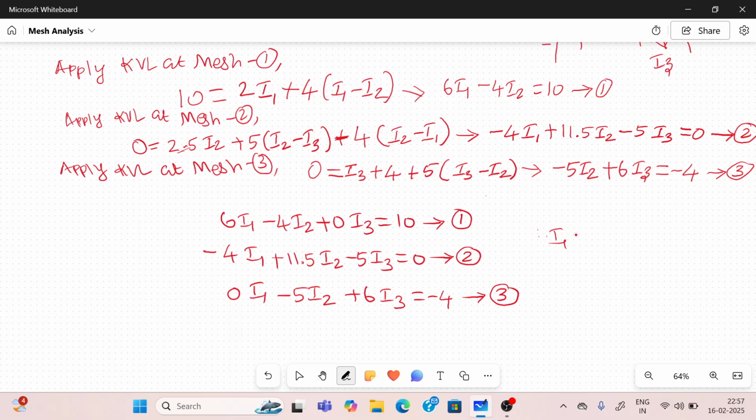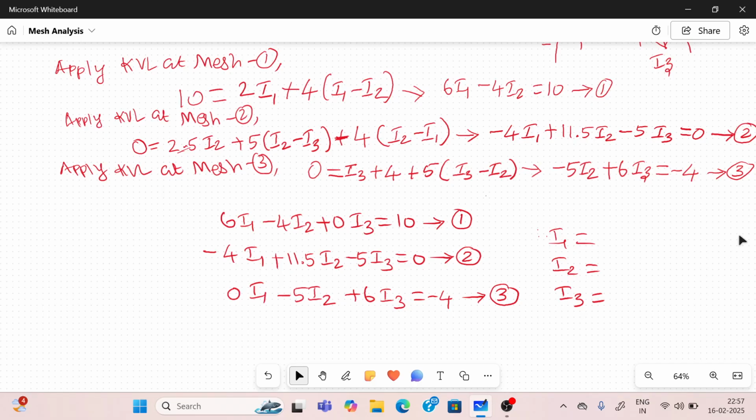Finding the current I1, current I2, current I3. How to solve this? We can use any method. You can solve by Cramer's rule, or by equation mode in your calculator. I am going to solve with the calculator equation mode. The number of unknowns is 3, so you have to choose 3 unknowns.